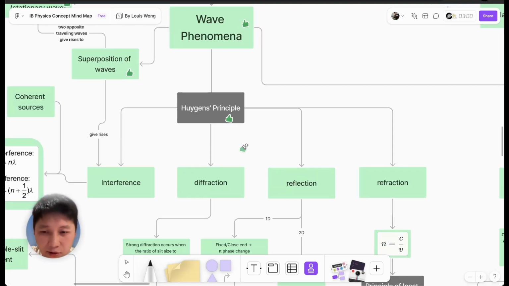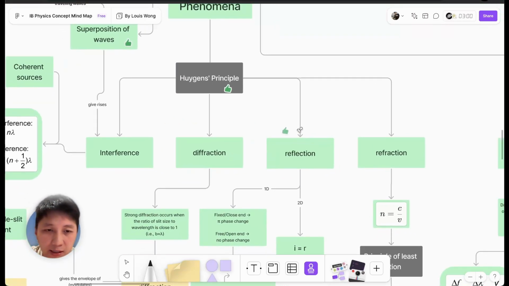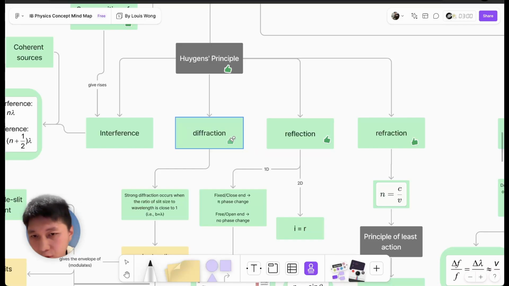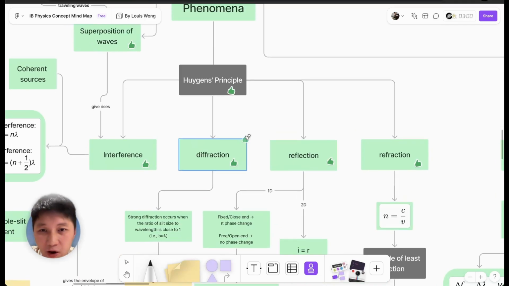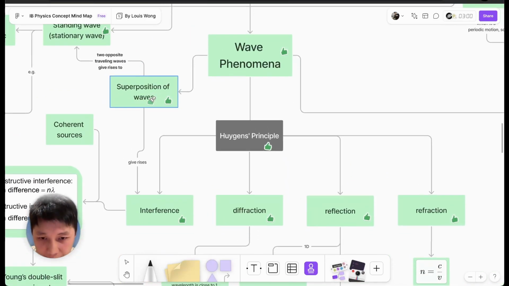Again, if you search online you'll find some animation, and it's quite mind-blowing. With that in mind, we can explain properties like, the simplest one, reflection, and refraction. You probably learned these way earlier, and then in IB you learn about diffraction and interference later on. In fact, it can all be explained by Huygens principle together with superposition of waves.